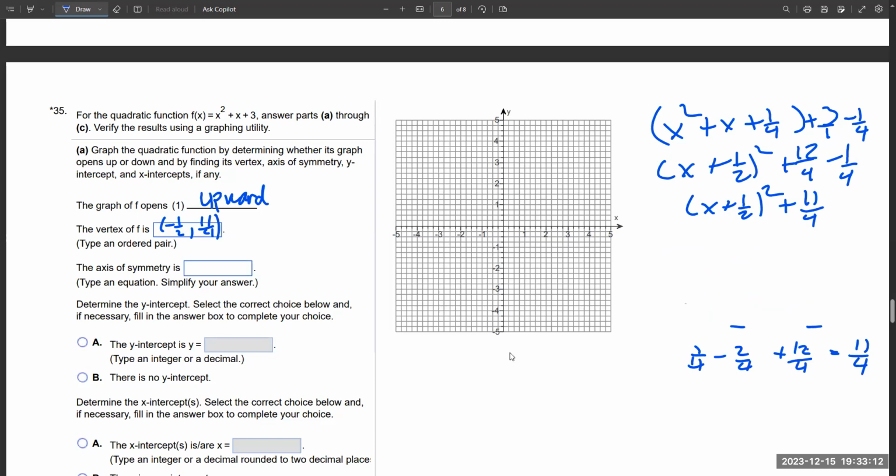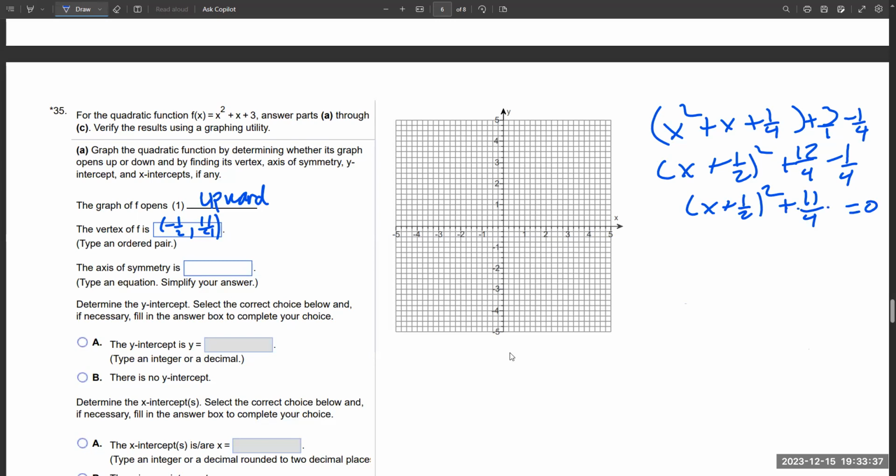Let's go ahead and see if I can identify any x-intercepts here, if this is factorable. Might need to use the quadratic formula. But from what I see, if I would keep going here to try and solve for x and set this equal to 0, the squared part equals a negative.